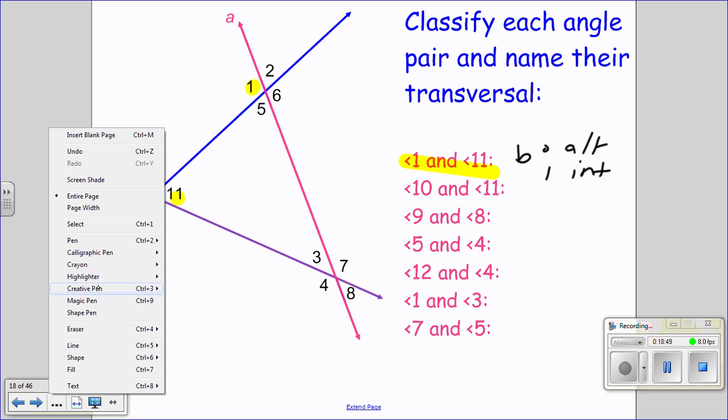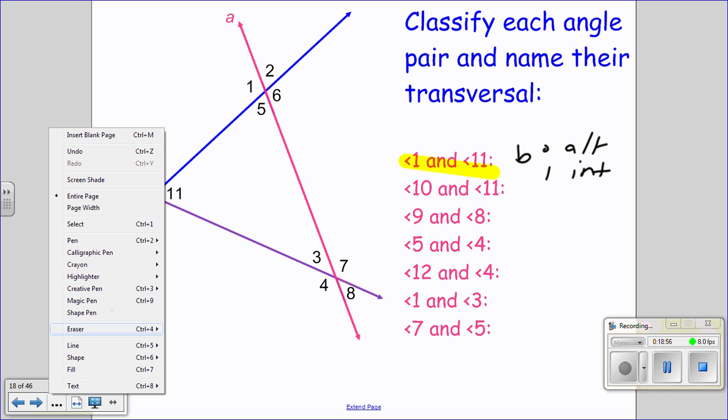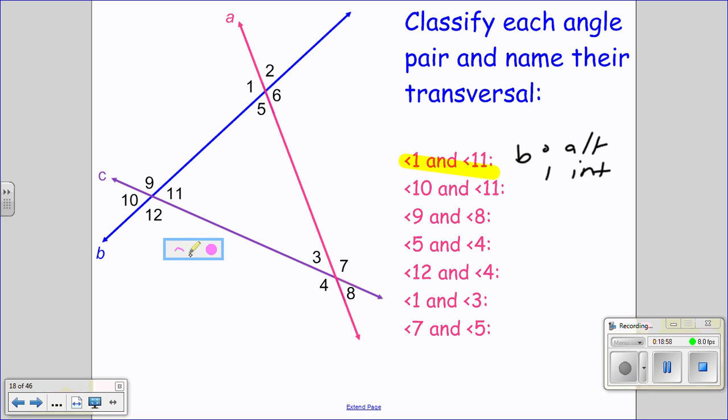Okay, let's look at a couple more. The next pair I'll do is 9 and 8. 9 is right here. 8 is down here. So the line that connects 9 to 8 is this purple line, line C. So that's the transversal.